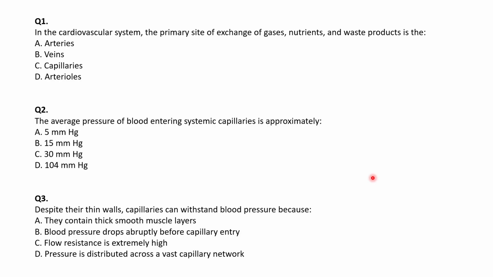While this division is taking place, you are actually increasing the effective radius, and that's what allows it to withstand the blood pressure. And because you're distributing the blood across a network, the blood pressure drops. So D is the reason and B is the consequence of that. That's why the answer here is option D. I hope that is clear.